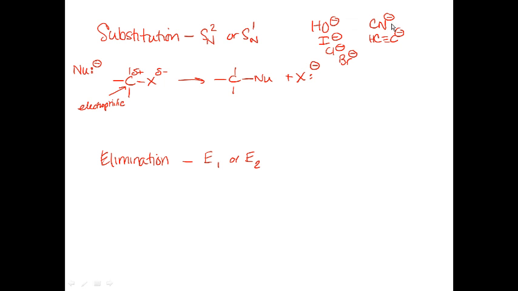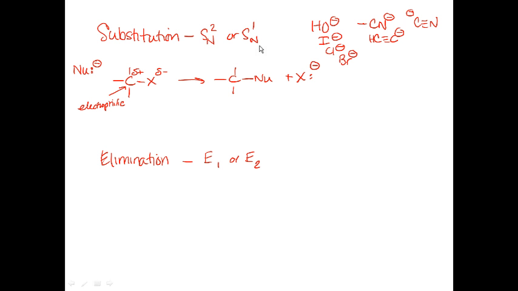And when it's a CN-, the alkyl group is going to end up attaching to the carbon of the CN group. A CN group is a C triple bond N, with the carbon actually having the negative charge. Okay, so that's substitution. We can substitute the halogen for a nucleophile. And I'm going to start with negative nucleophiles. And then for Wednesday, in Wednesday's pre-class lecture, we'll talk a little bit about what makes a good nucleophile versus what makes a poor nucleophile.